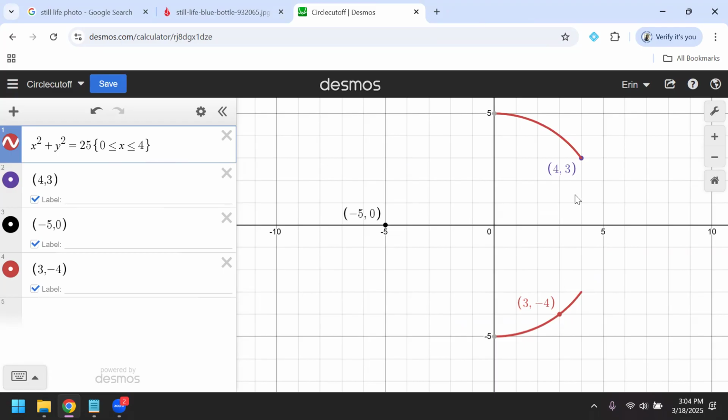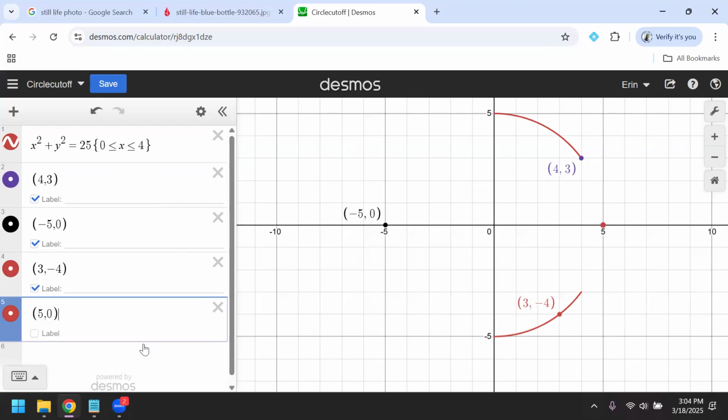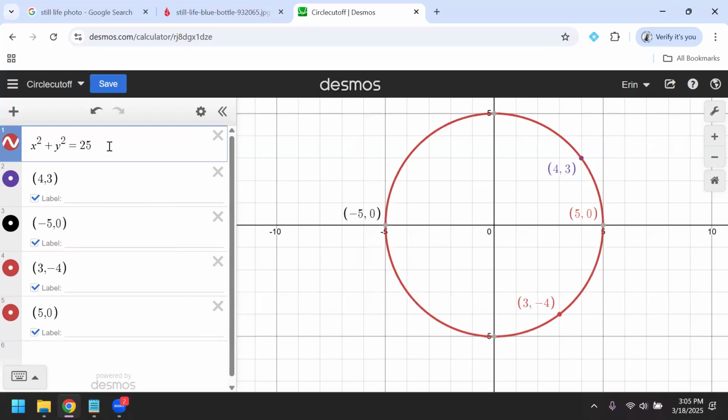So these 2 points are still on there, right? 3 is between 0 and 4. 4 is between 0 and 4. But this point out here, 5 is not in that interval, right? And so the point 5 comma 0 used to be on the circle, but now isn't anymore. Okay, I can get rid of this.